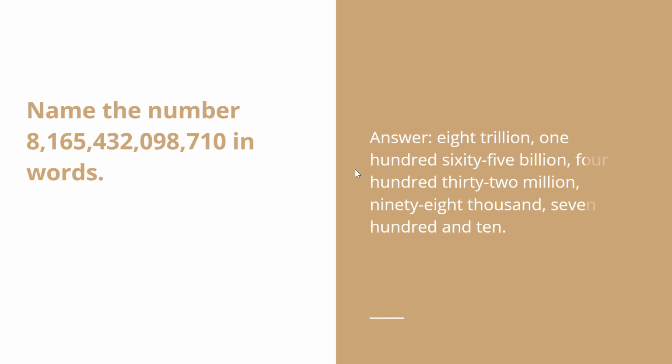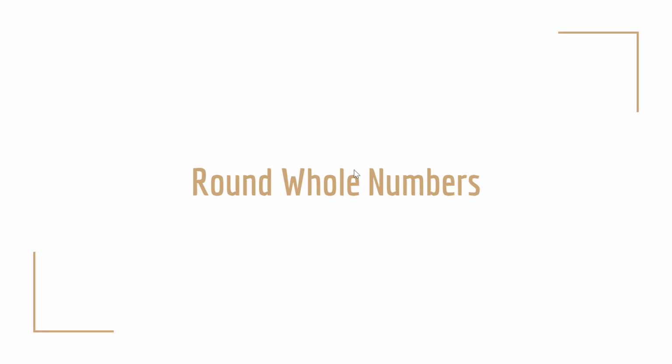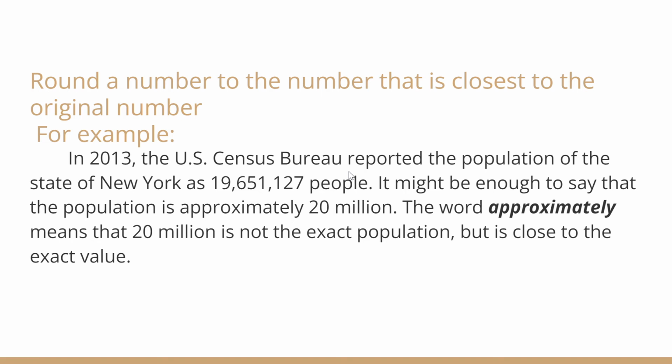And next, round whole numbers. Round the number to a number that is closest to an original number. For example, in 2013, the US Census Bureau reported the population of the state of New York as, to read this, you can practice now.